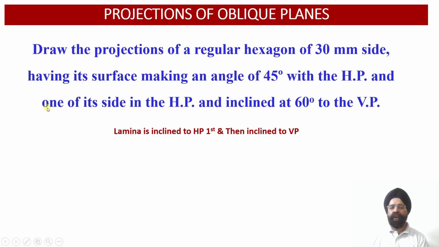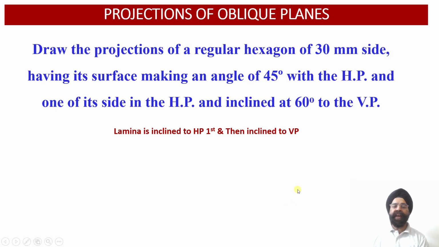So we assume that to begin with the lamina lies on the horizontal plane. Therefore, first of all, the projection of the lamina in the top view, that is below the XY line, will have to be drawn as a starting point.